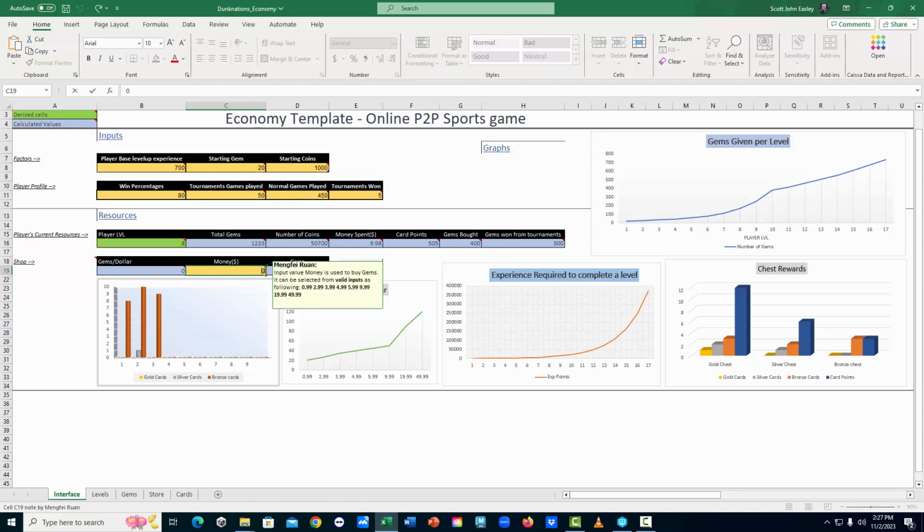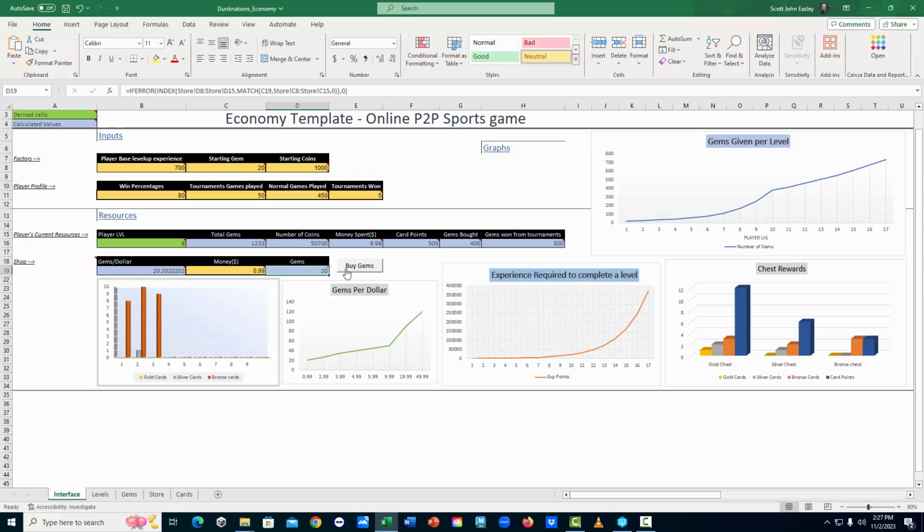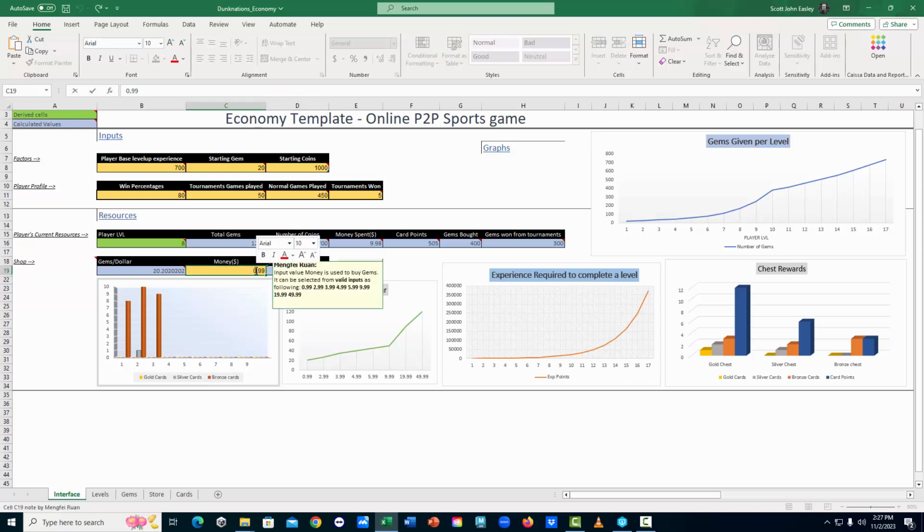If you input 0.99 and you can get 20 gems, you think you need more gems with a cheaper price, so you want to use 2.99, and you think this price is good, and so you buy gems, and you can see the increase in total gems and money spent.